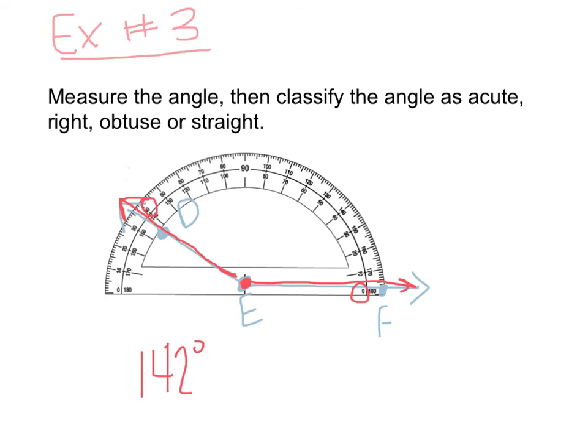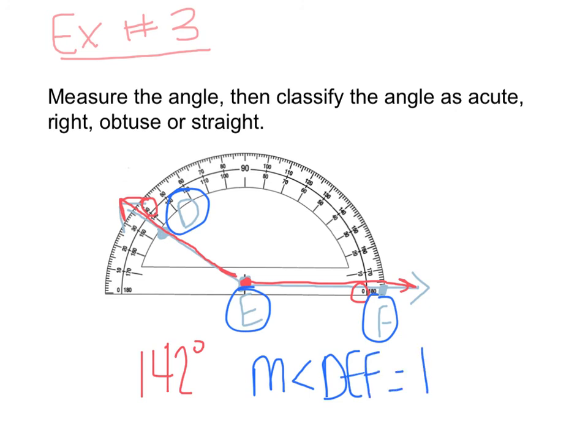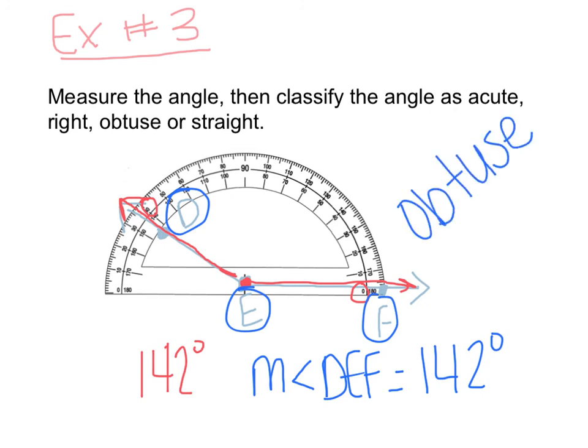So let's write this the way that I was showing you, the appropriate way. So measure of angle. This time we have angle D, E, F, equals 142 degrees. Since that's bigger than 90, I know this is an obtuse angle.